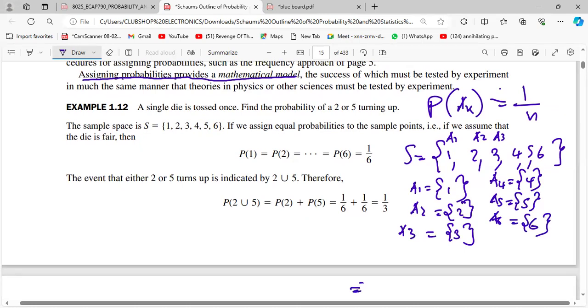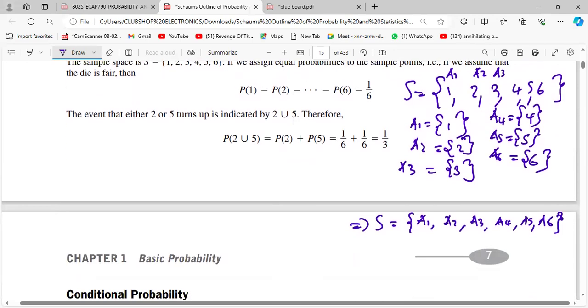Then what does it mean? It simply means S is equal to A1, A2, A3, A4, A5, A6, right? And these are elementary events, because an A1 is an elementary event because it only has 1 point, which is 1.